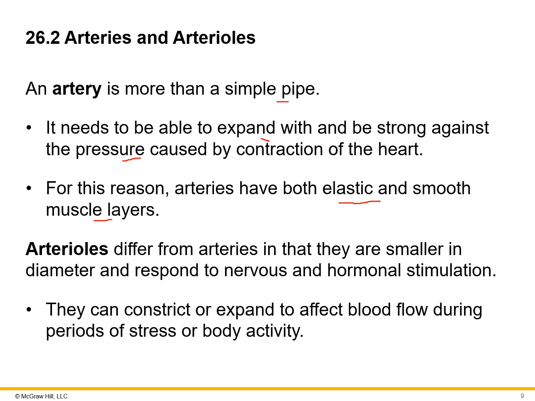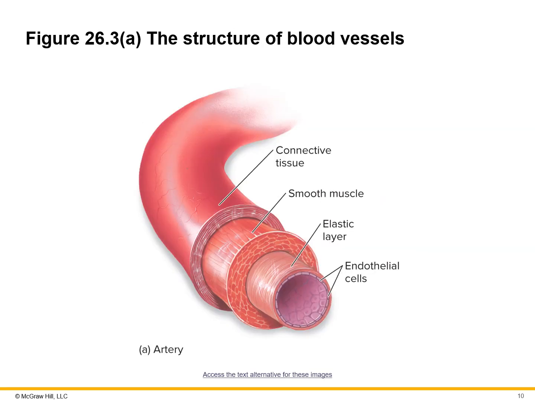Then the arterioles are a little bit different, mainly because they're smaller in diameter, and they're going to respond more to nervous and hormonal stimulation, more so than to the pressure that we see with the arteries. So they constrict or expand the blood flow based on stimulation from the nervous system or the endocrine system.